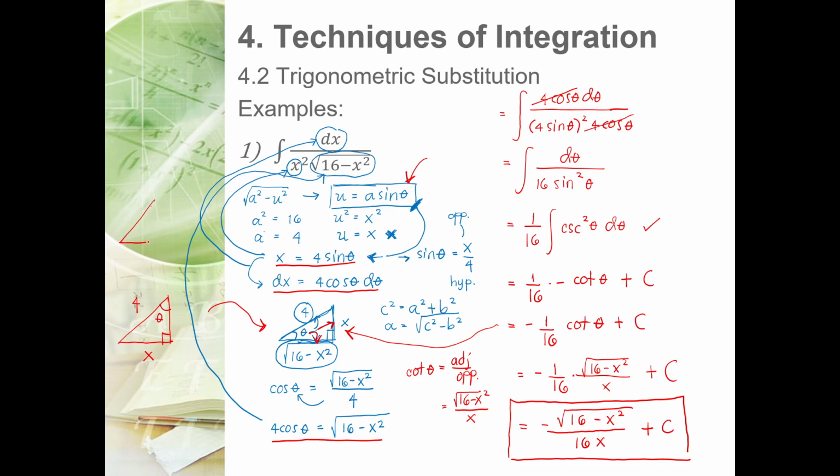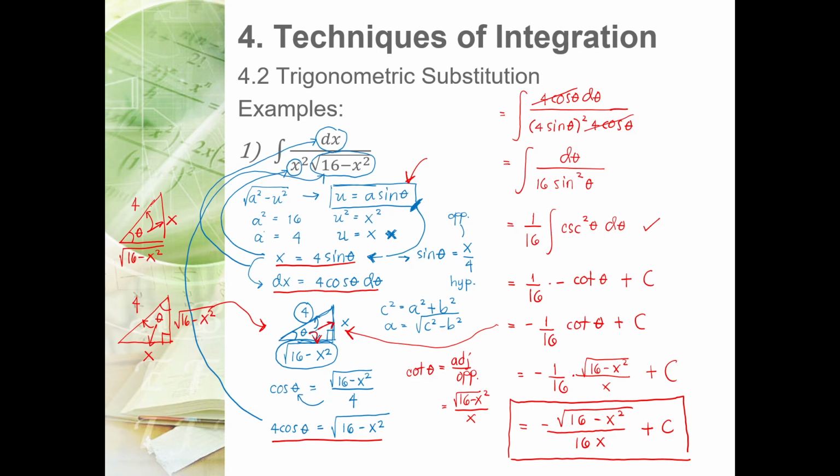Let's say this one is theta here. The opposite of the angle is x, the hypotenuse is 4. Opposite over the hypotenuse. It won't matter where you put it because the other side will always be square root of 16 minus x squared.